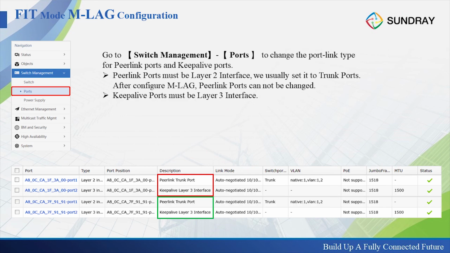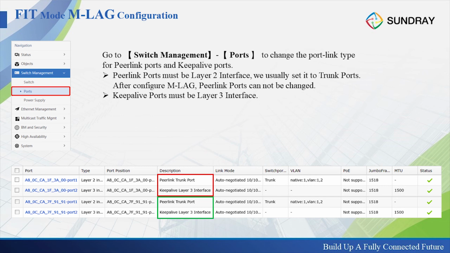First, we need to configure the peer link port. So we go to switch management, the ports. As we know, the peer link should be layer 2 ports. So here we change it to layer 2 and make it a trunk. And the keepalive port should be a layer 3 interface. So we configure the port before.